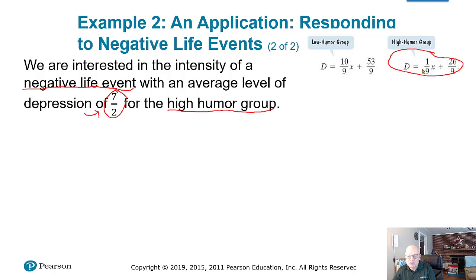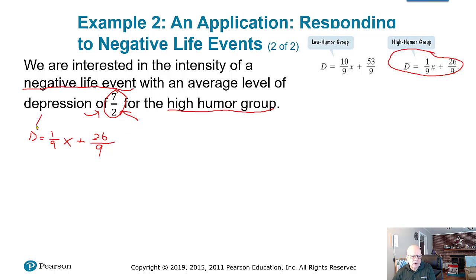Now all you need to do is take this equation. So this equation, we'll just copy it. D equals 1/9 x plus 26/9. And what we're going to do is we're going to put the 7/2 in for the depression level.